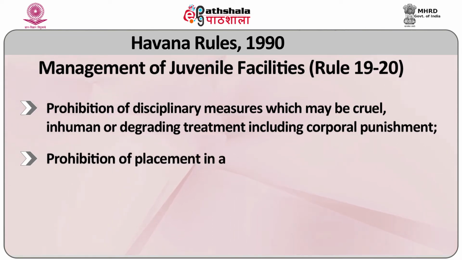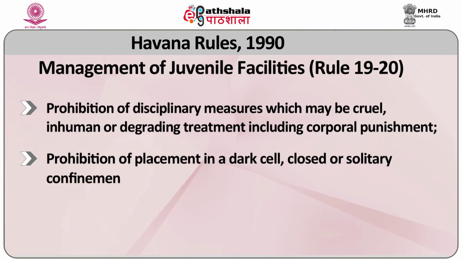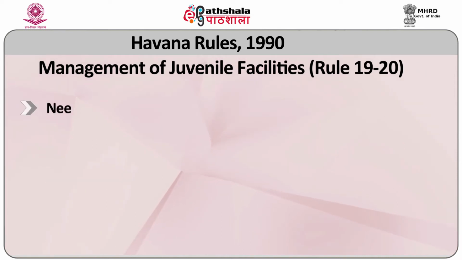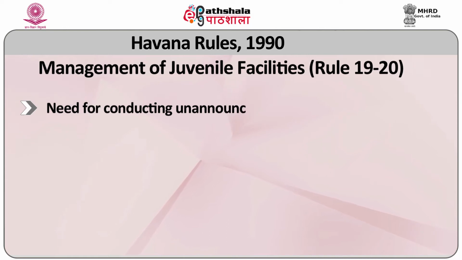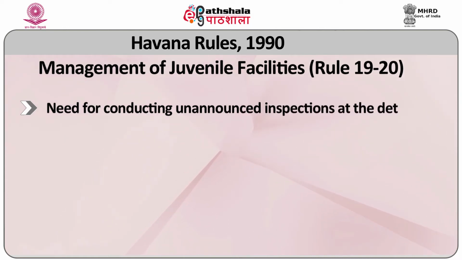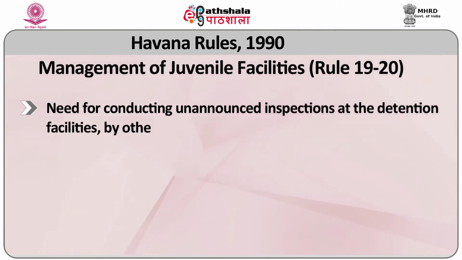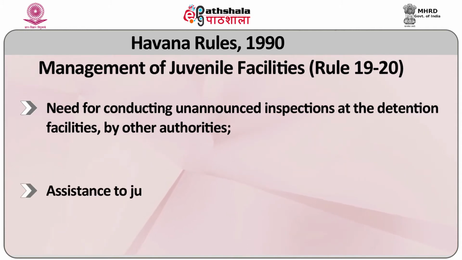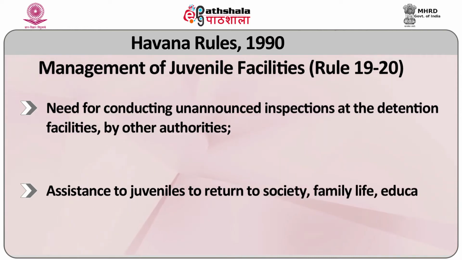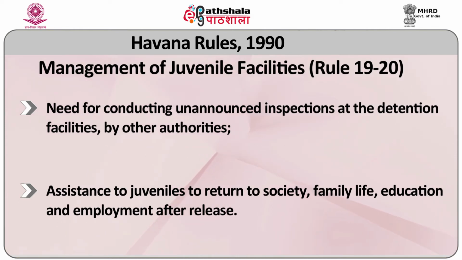Prohibition of placement in a dark cell, in closed or solitary confinement. 17. Need for conducting unannounced inspections at the detention facilities by other authorities. 18. Assistance to juveniles to return to society, family life, education and employment after release.